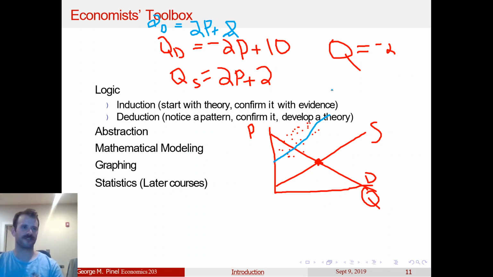So those are your 5 core tools that you'll see 95% of the time in economics.